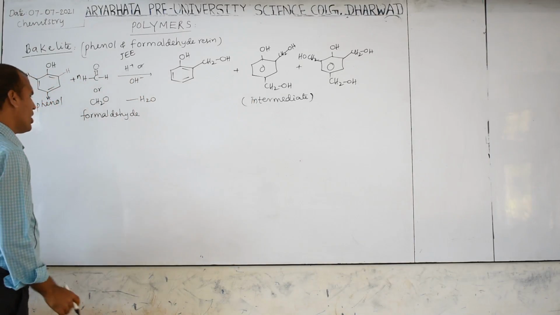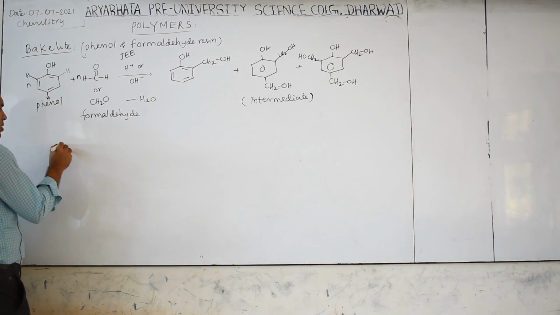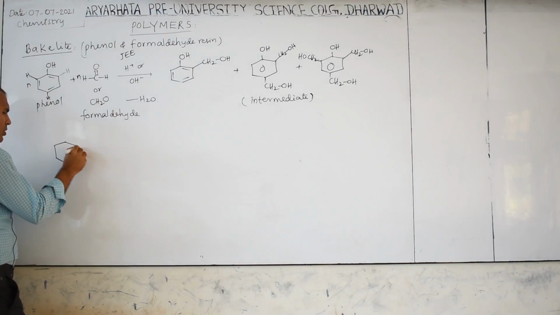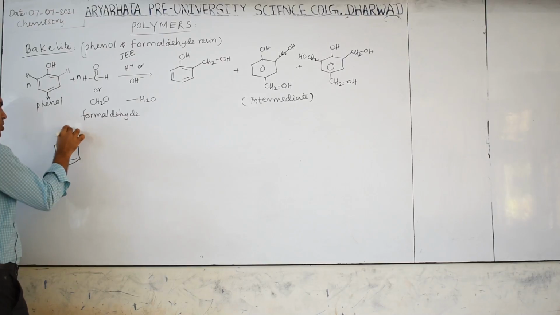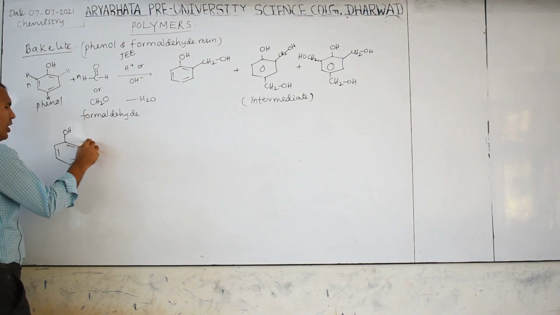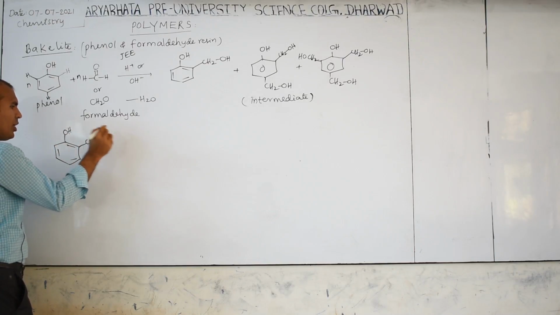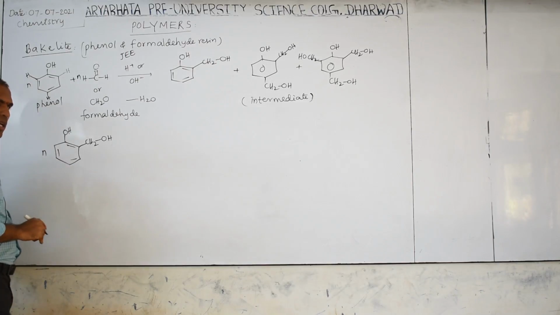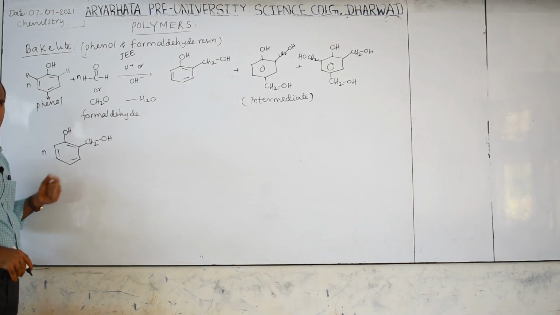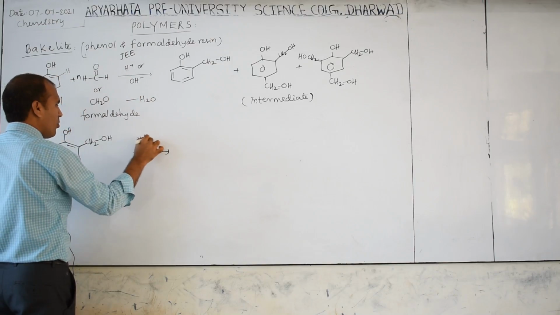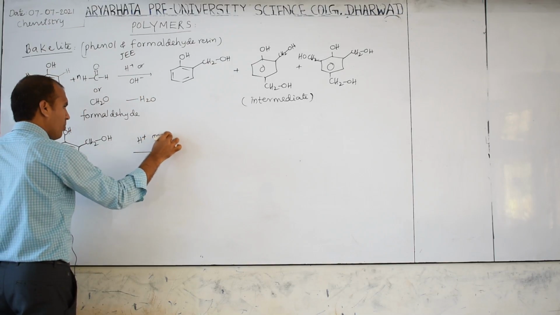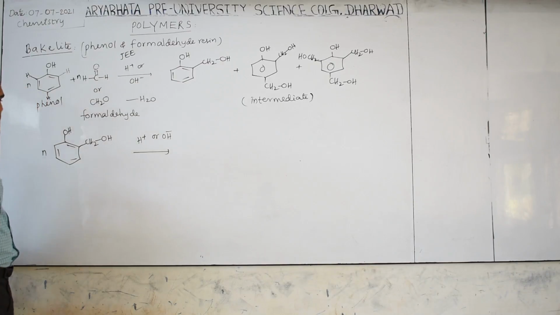Now first I want to take phenol with CH2OH. This is n times. This is the same continuation, with acidic or basic medium as catalyst.